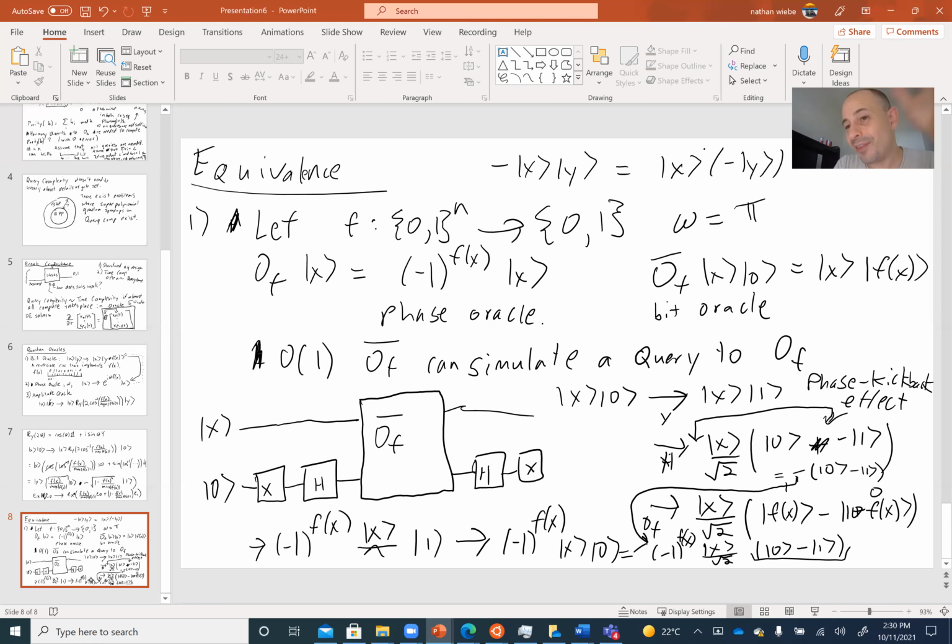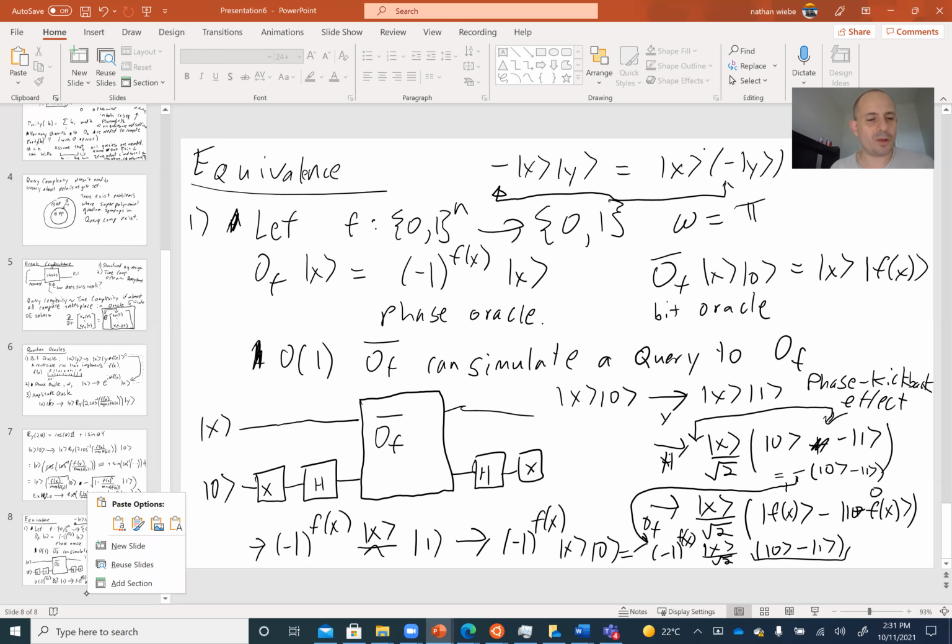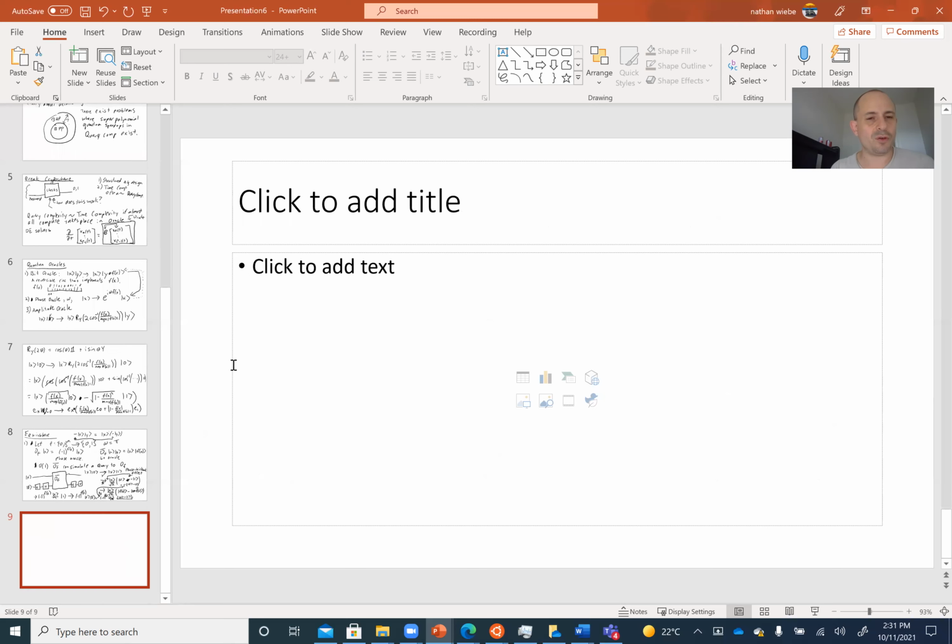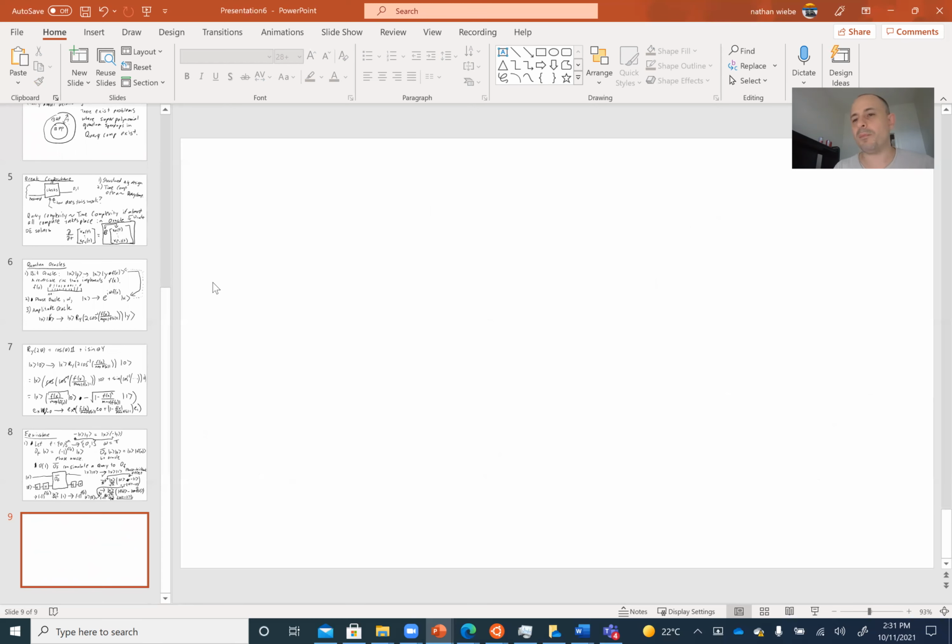And this simple observation is, again, given a complex name in quantum computing, we call this the phase kickback effect. But it's really just this obvious fact of the tensor product, that negative signs distribute over tensor products. Okay, so that shows that a single query to a bit oracle can be used in order to simulate a query to a phase oracle.